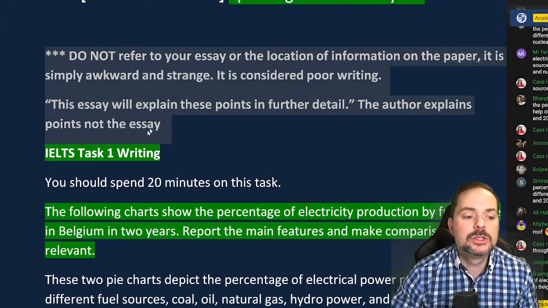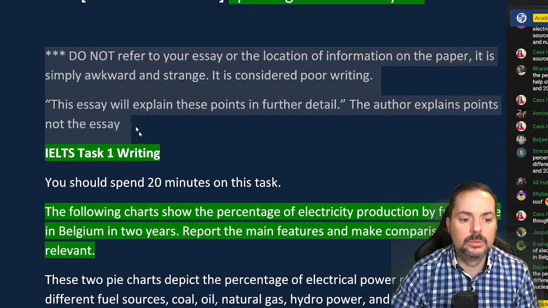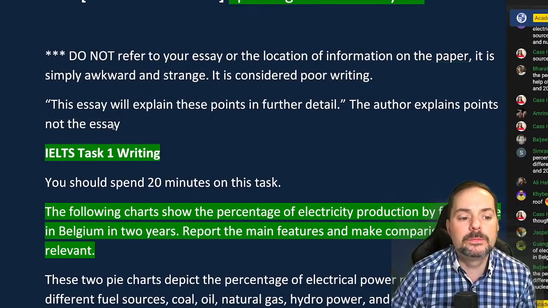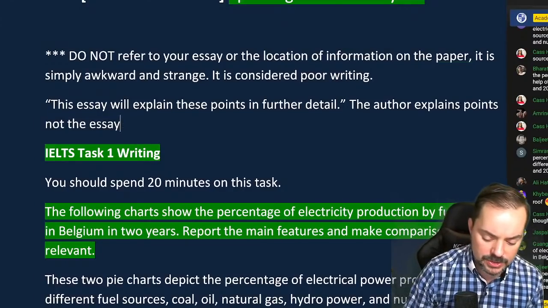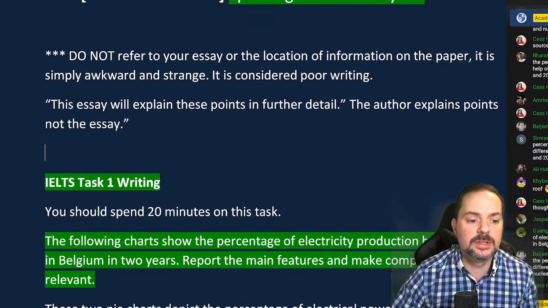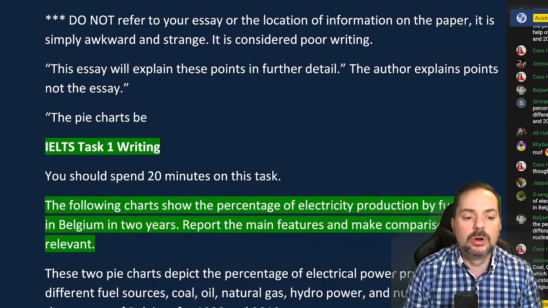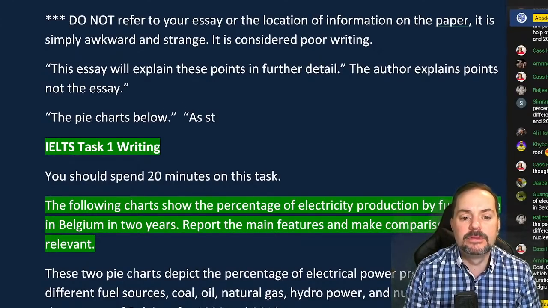All right. So does that make logical sense, members? Like, is it clear why we don't refer to the essay? Okay. So we don't refer to the essay, and then we also don't refer to location of information in the essay. So we don't say things like the pie charts below, or we don't say things like as stated above.